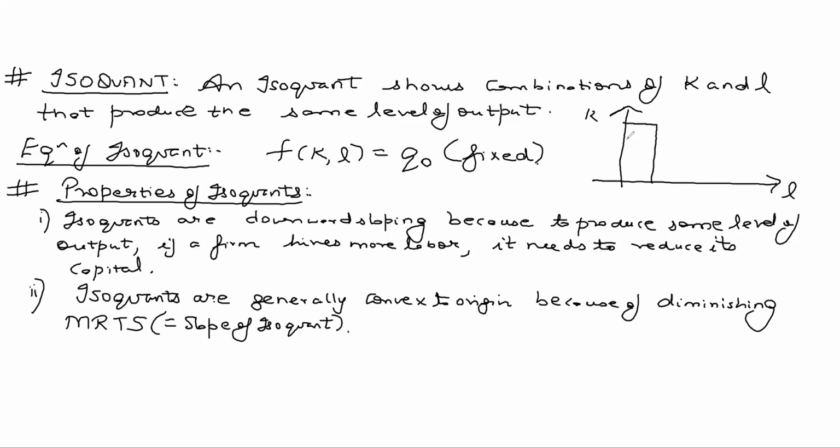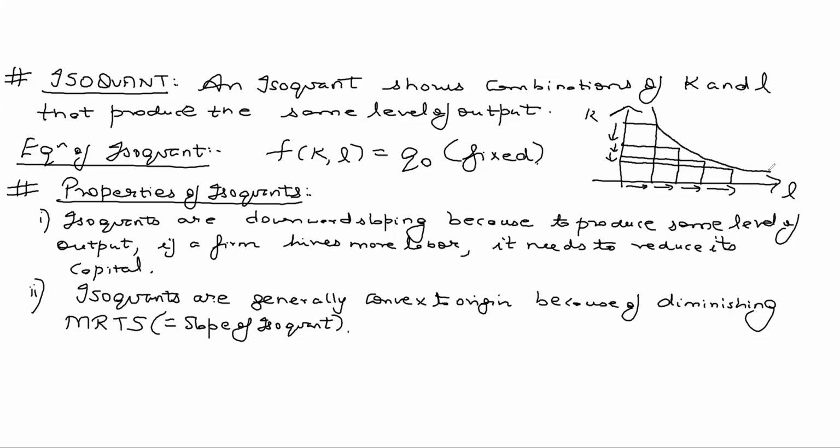Initially you are willing to give up a lot, but eventually you are willing to give up lesser. Then you are willing to give up even lesser than before. So for every additional unit of labor you hire, you are lesser and lesser willing to give up capital. So your isoquants are convex to the origin.